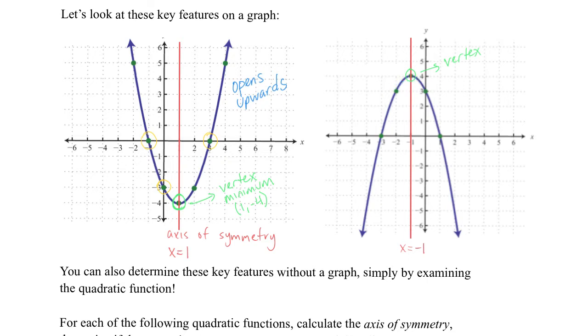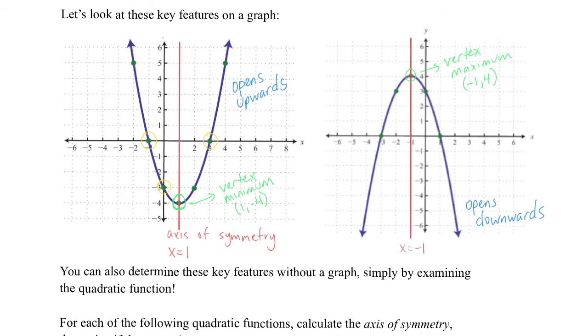So I would classify it as a maximum. And its coordinates in this case are -1, 4. We could identify all our intercepts. I'm not going to worry about that for right now. And we would say that this one opens downwards.